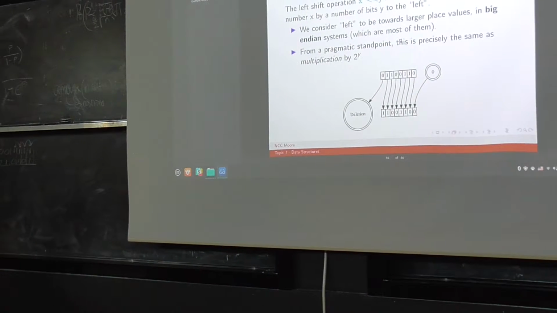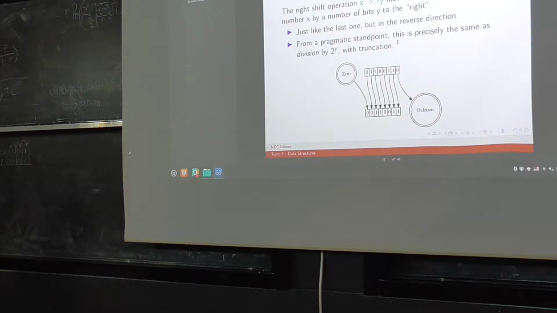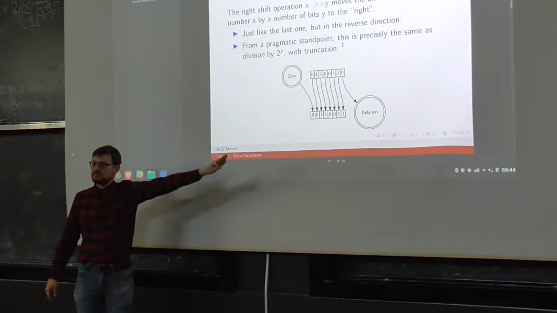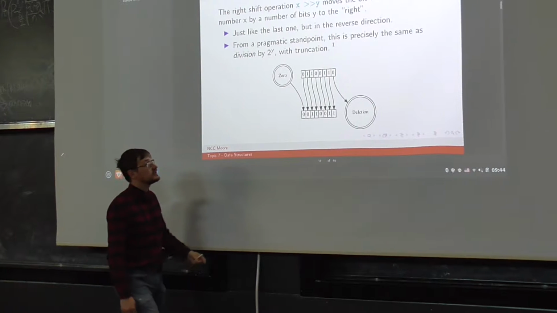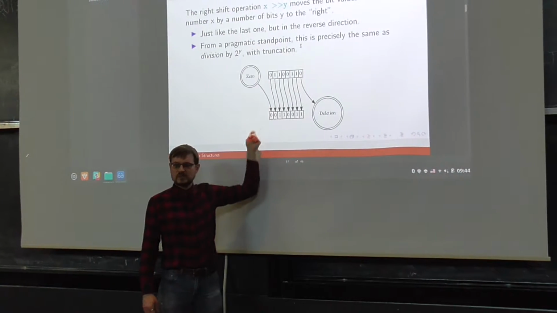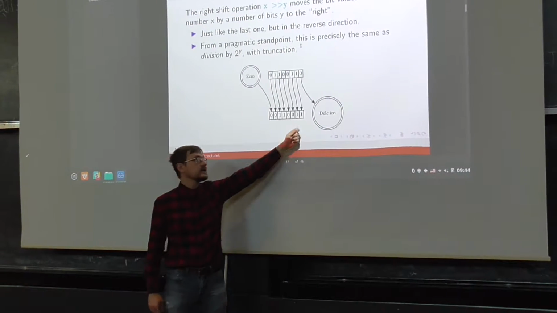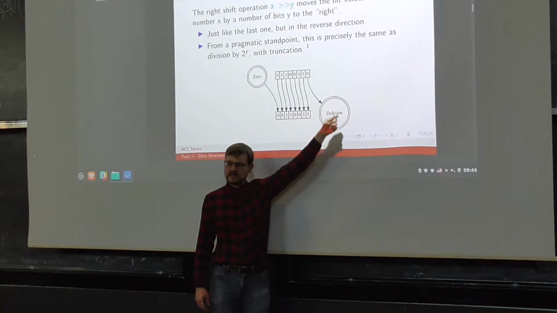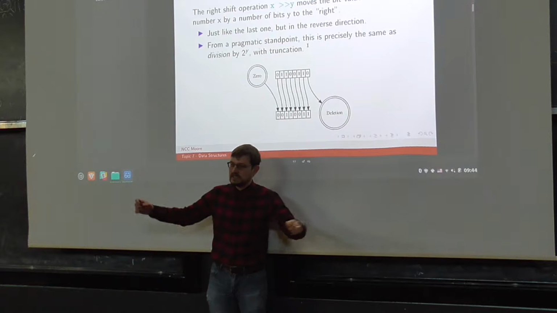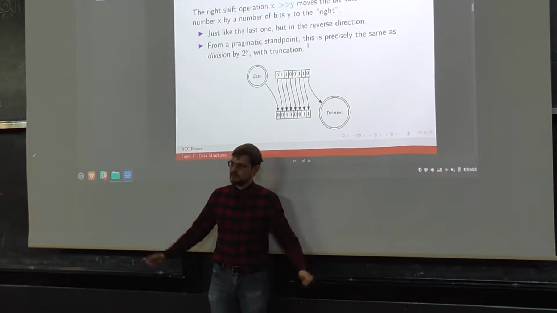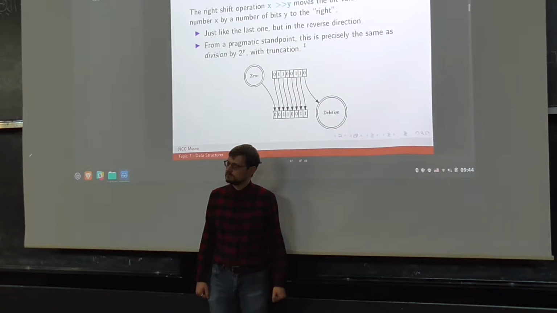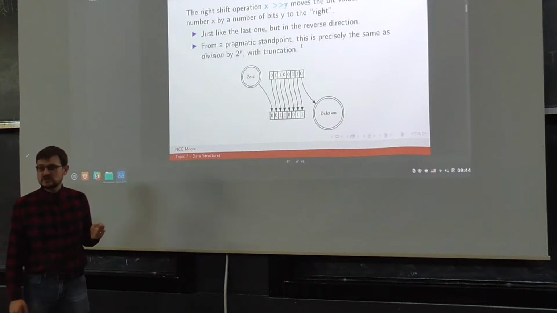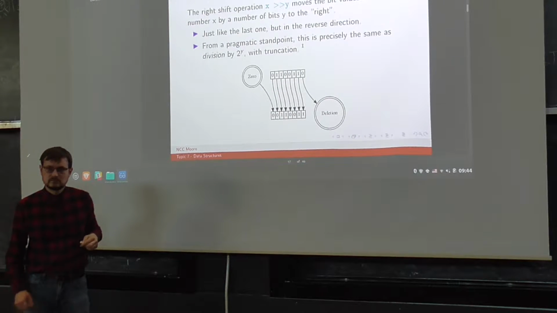Right shift is symmetrical. You just move the whole thing n bits to the right instead of to the left. Again, backfilling with zeros, this time on the left side, and anything on the right which is outside of the frame of the things that are getting shifted gets destroyed. Yes? Any questions?